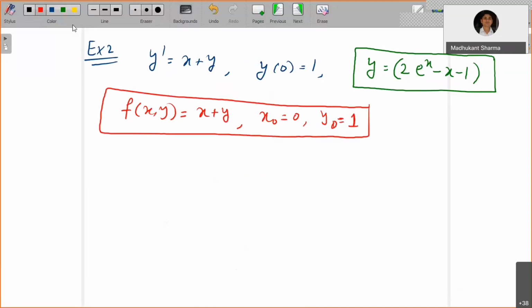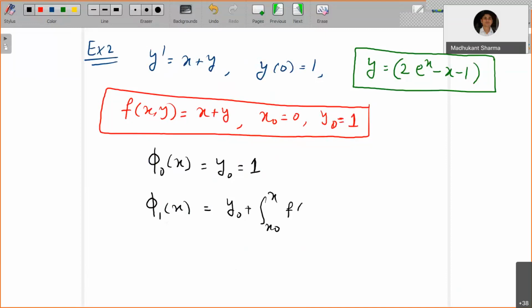So I'm writing now straightforward all the approximations. The 0th approximation phi naught of x is equals to y naught, that is 1. Now using this, p1 of x is equals to y naught plus integration x naught to x f of x comma p naught dx. So that's equals to 1 plus integration 0 to x, x naught is 0, f of x comma p naught. Now it is not p naught, please keep in mind.